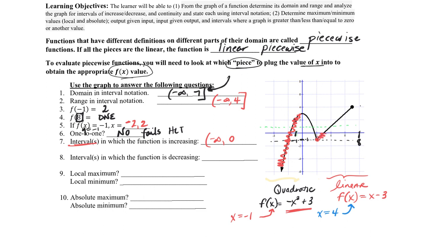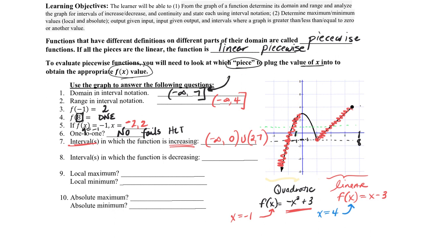And then it's also increasing here from 2 to 7. So union 2 to 7. Now I've used parentheses for both of these intervals because remember the way that we define increasing and decreasing requires that we use parentheses. So you can refer back to your notes on our function work a couple days ago to look that up if you need to.